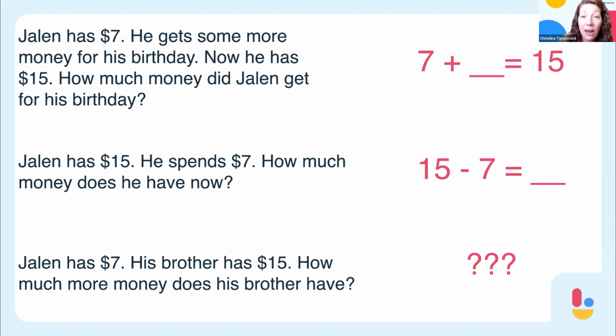Some kids might just count down from 15 to 7. There's lots of ways that kids will talk about it, which gives us the opportunity to talk about how subtraction and addition are connected, but they're seeing it in real contexts. So we're still doing fact family practice: 7 plus 8 equals 15, 8 plus 7 equals 15, 15 minus 8 equals 7, all that kind of stuff, right?